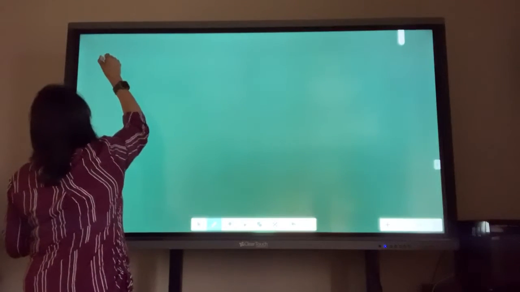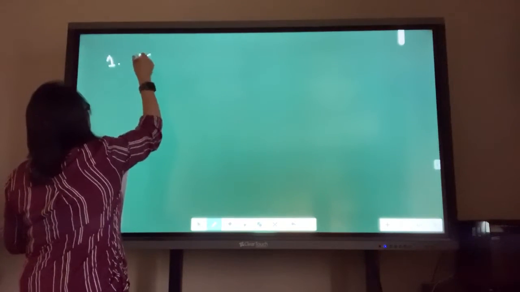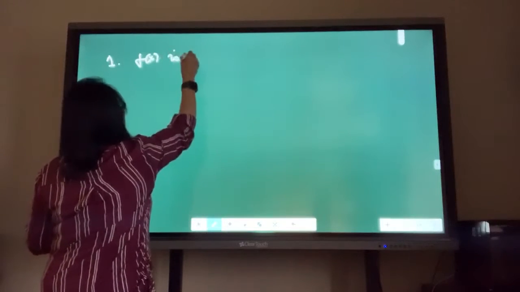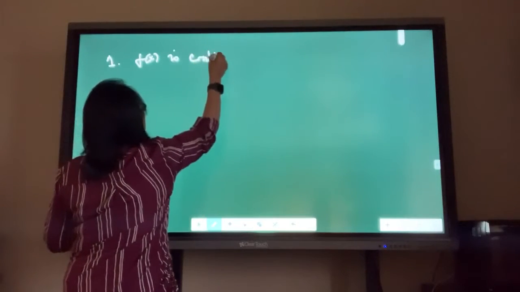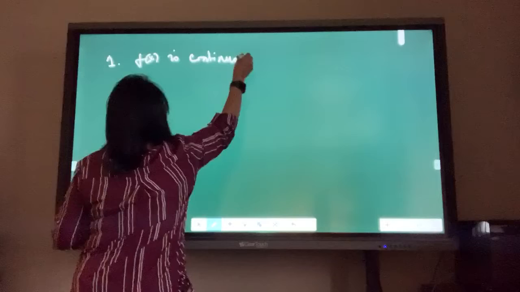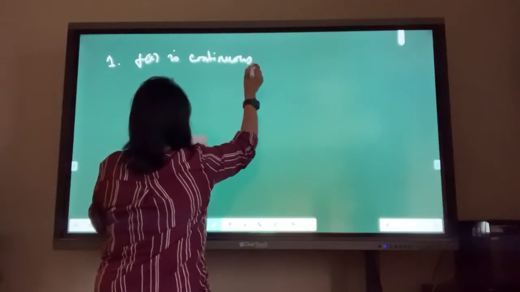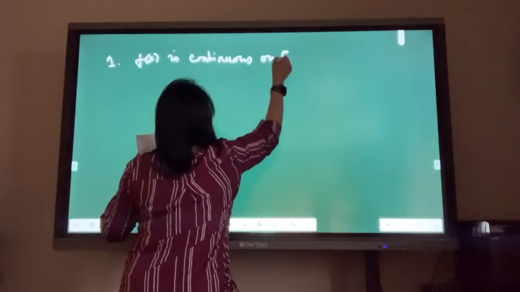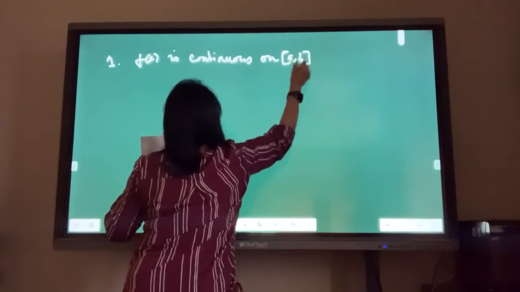If f is a continuous function on a closed interval a comma b, so that's the first part, f of x is continuous. This is very important for you to start with a continuous definition on a closed interval a comma b.